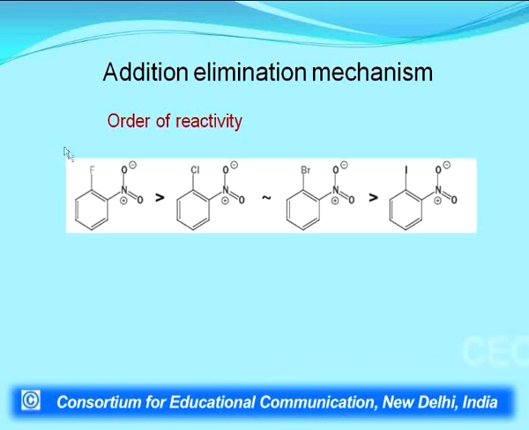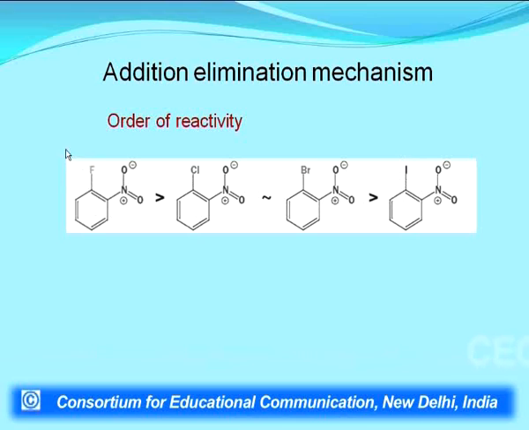So, when the nucleophile comes to attack this carbon, this attack is favored because, due to the high electronegativity of fluorine, this carbon has more positive charge in comparison to that in the iodo derivative.